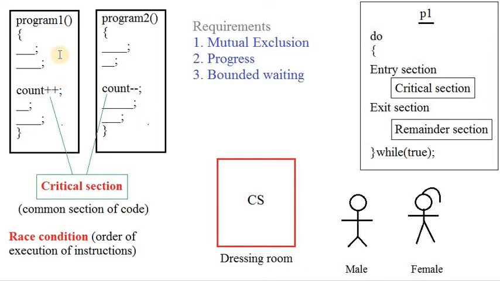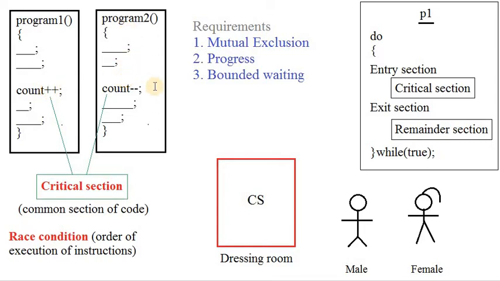Suppose program 1 is executing in the critical section, like count plus plus, while the other program, program 2, should not enter the same statement. Why? Because program 1 is already executing the statement in the critical section, but program 2 should not be allowed.